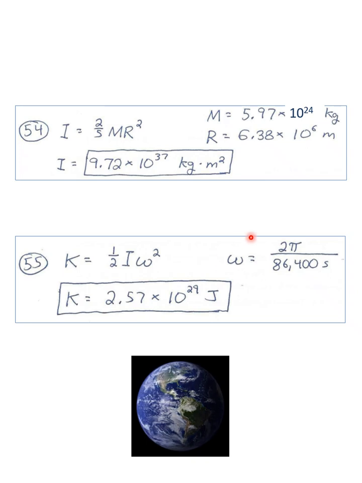That's 2 pi radians. And it does it in 24 hours. That's 86,400 seconds. And so when you do 2 pi radians over 86,400 seconds, that's going to be the radians per second. Then we plug it into this equation with I, and we get a kinetic energy of 2.57 times 10 to the 29th joules.